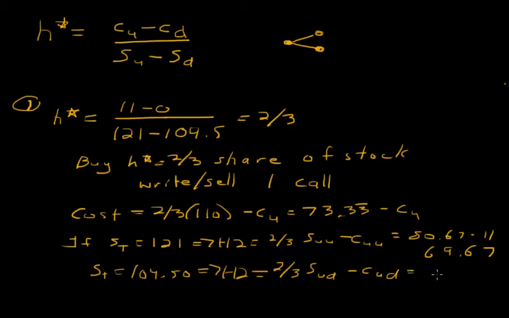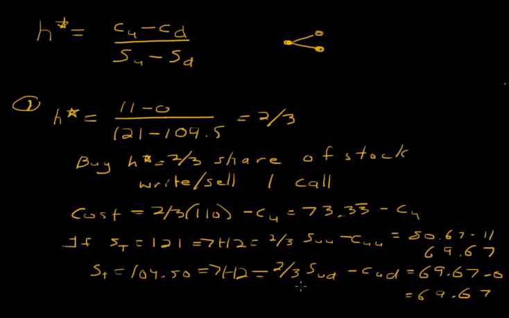So, looking at the chart, 69.67 less 0. So, surprise, surprise, we get the same answer. So this is why it's called a perfect hedge. No matter what happens to the stock price, it could go to 121 or go to 104.5, either way our perfect hedge ratio comes out with the same answer.